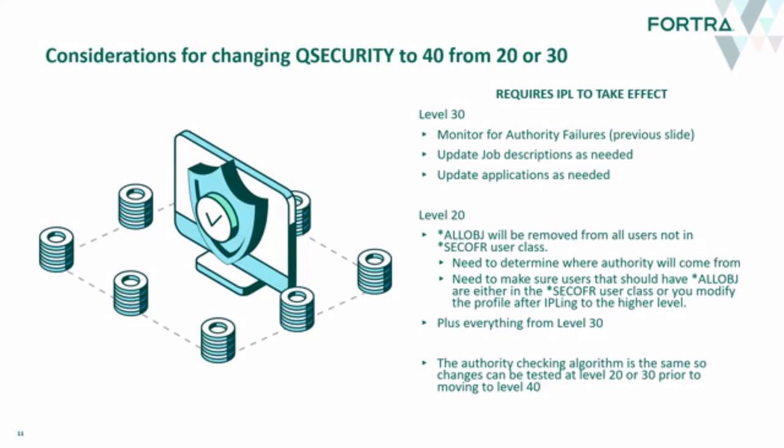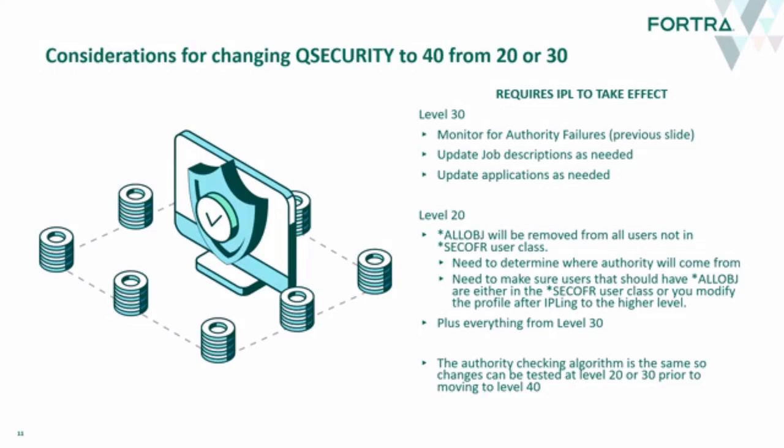So monitoring for those authority failures, updating those job descriptions to ensure that you don't have user profiles that could be exploited, and updating any of your applications if required because they are not using the approved APIs to access the system objects, but they're going directly to those objects as you could prior to security level 30.